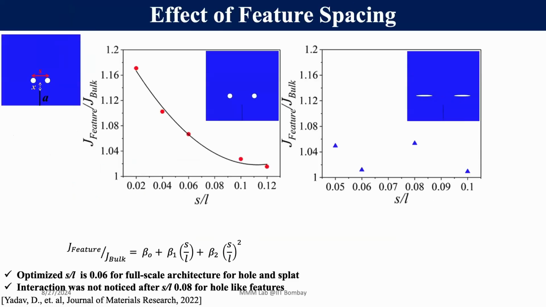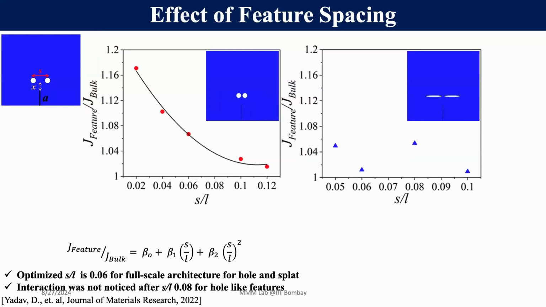As I said, we also optimize the distance between those two features while keeping them apart. You can see the crack driving force is decreasing with increasing spacing between them.